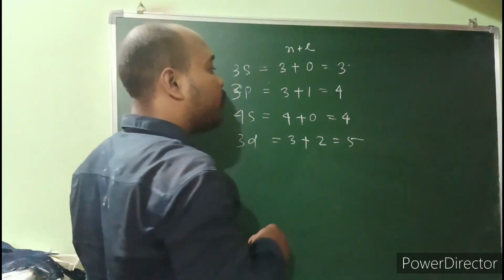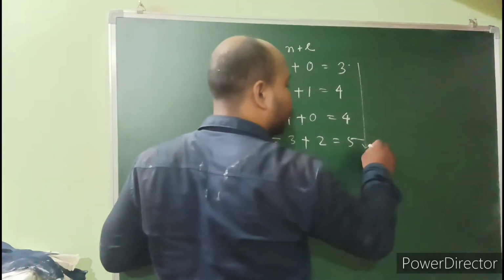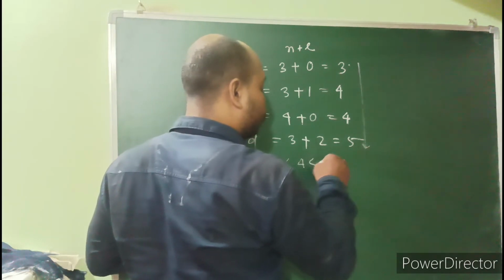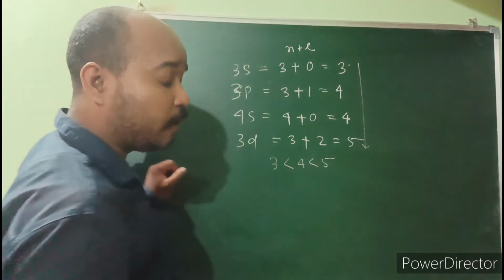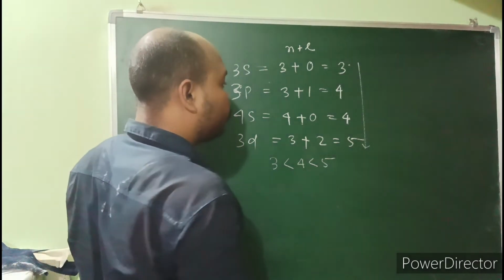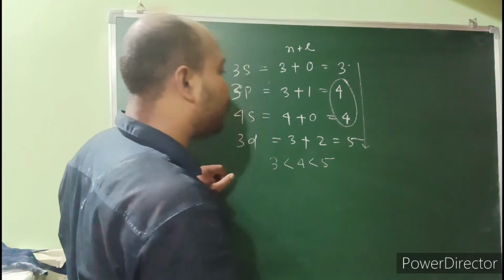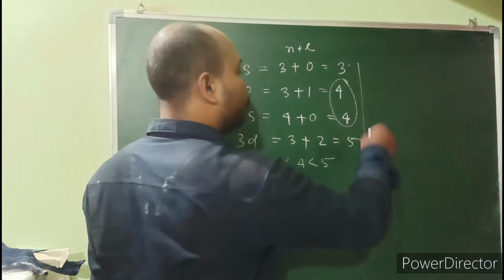If we write this in ascending order, 3 will come, then 4, then 5.